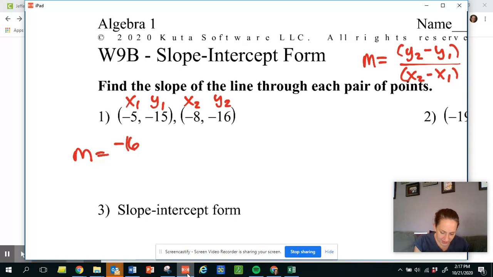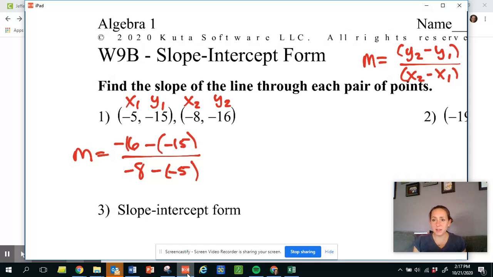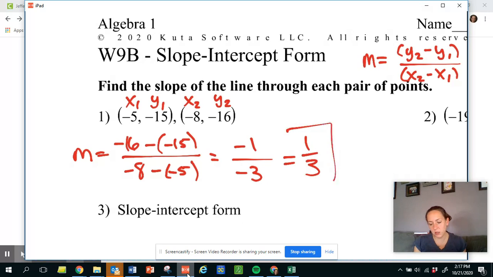So negative 16 minus negative 15 over negative 8 minus negative 5. So minus the negative turns into a plus. So I end up with negative 16 plus 15, which is negative 1. And then negative 8 plus 5, which is negative 3, which the negatives cancel out to just give me 1/3.